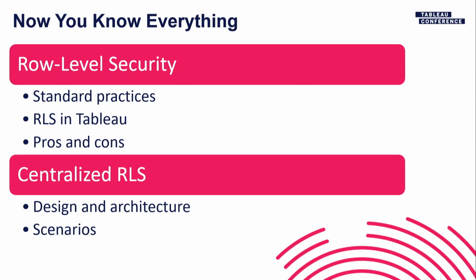So now you know everything there is to know about row-level security. You know what people do today, the standard practices in the industry, and how people do it in Tableau. You know where to go to get more information. Go read some white papers. They're very deep and interesting. And you know some of the pros and cons of the current techniques that are available.